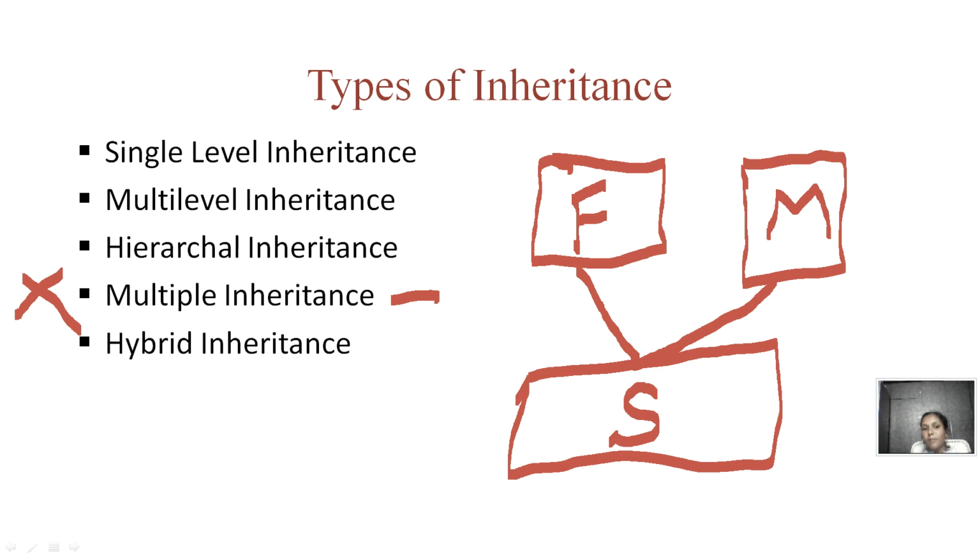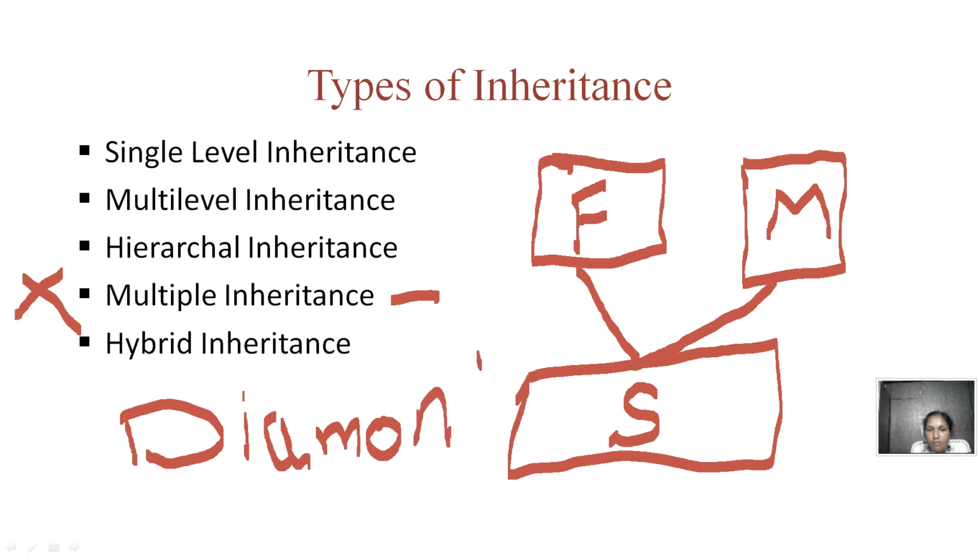At that time I can tell there is a problem called, what is that problem? Diamond problem. The diamond problem will be there in multiple inheritance. Due to that, the Java language does not support multiple inheritance directly, but indirectly multiple inheritance is achieved through a concept called interfaces.